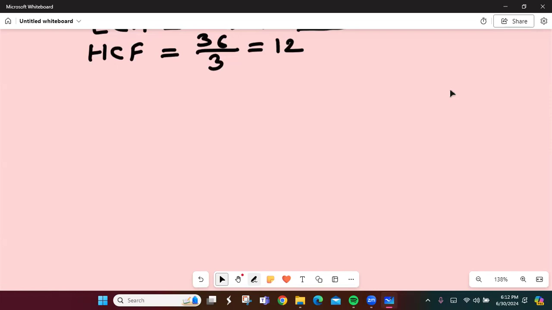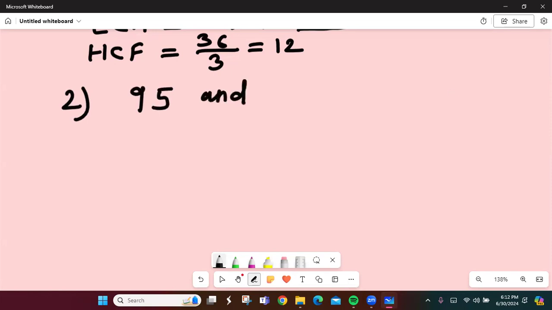So take the second one, say 95 and 152. I want to find out the LCM and HCF.